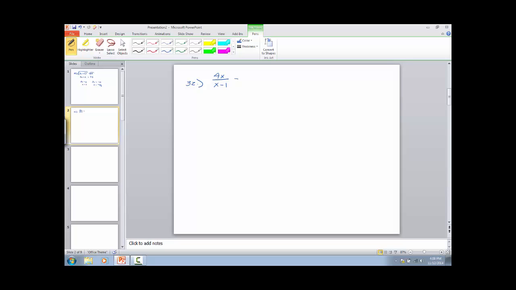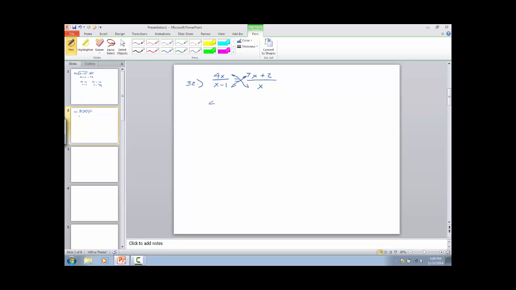And that is set equal to 7x plus 2 binomial and x on the bottom. If we cross multiply these, then we should be able to come up with a value for x.